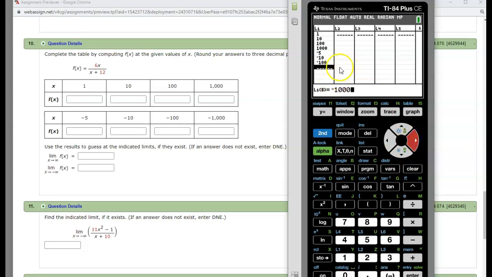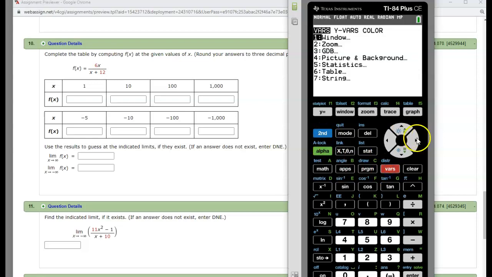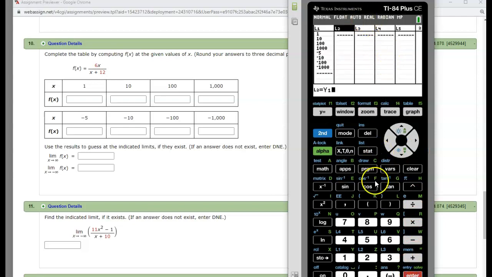Because I just put all these in list 1, if I go to the tip top of list 2 and just type in y bars, function, y1, and use function notation, parentheses, second list 1, I'll get all these values really quickly.